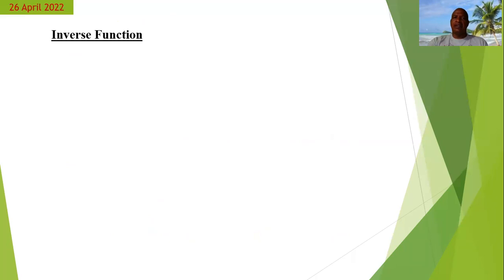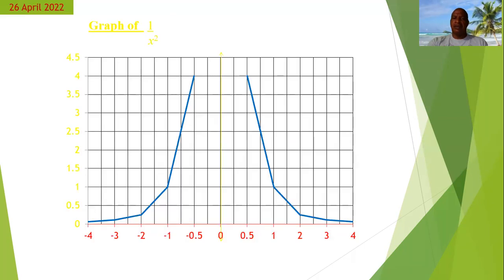All right, next we talk about the inverse function. Let me go back to the other one so that you can clearly see what is happening, because this diagram color scheme is not so nice. All right, so here would be the y-axis, and you notice that this is like a mirror on either side of the y-axis, right?